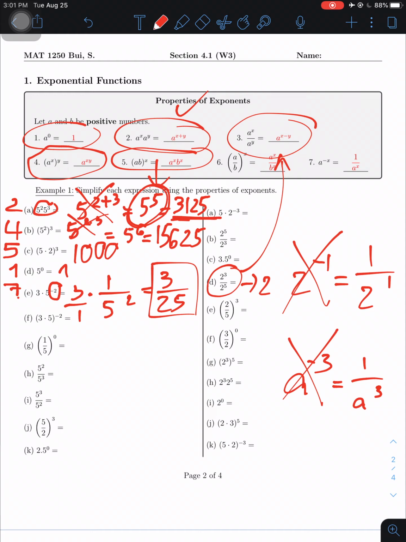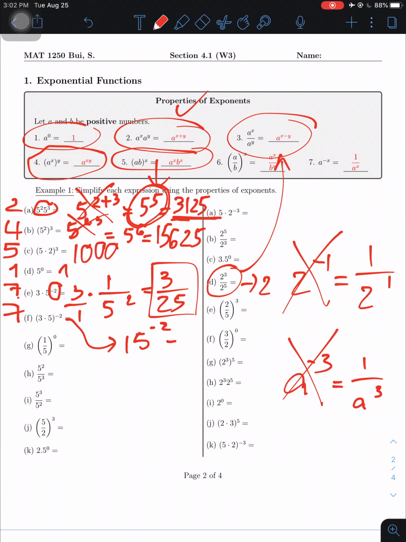Okay, as for F, we also have a negative power, but as you can see, the 3 in here is a part of the base that is influenced by the power of negative 2. So we also use property 7 in here. On the inside we're going to have 15, right? Because 3 times 5 is 15. And on the outside we have negative 2 because we don't touch on it yet.